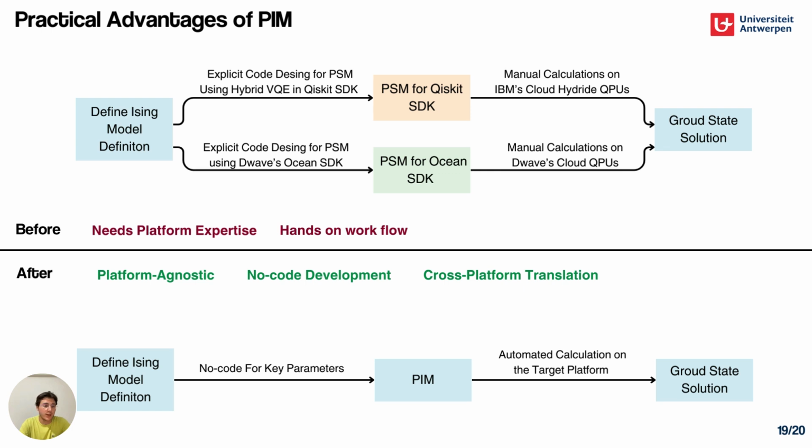But after implementing these PIMs, users only need to define the key parameters of the Ising model, which are already required even if they want to run on their platforms. The ground state calculations are automated on the targeted platform, and it eliminates the need for manual coding, and no code development for key parameters makes the process even more accessible and user friendly.